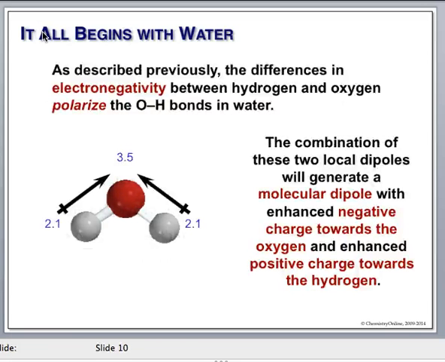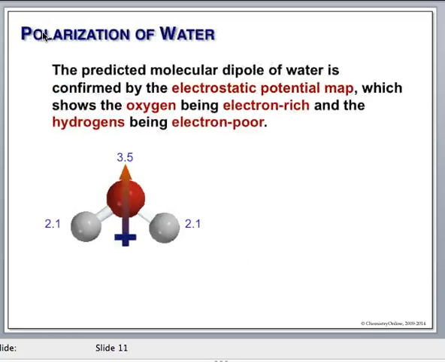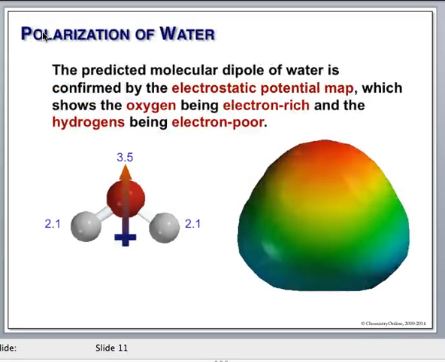We show that with little dipoles, and we remember that this means that this end of the molecule is going to be positive, and this end up here is going to be negative. That is, we have a molecular dipole that looks like this. In our molecule, we have a positive end down here and a negative end up by the oxygen.